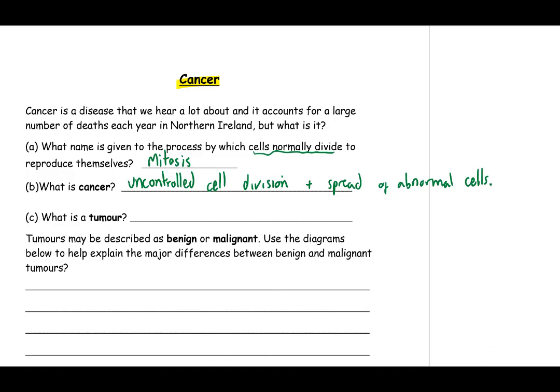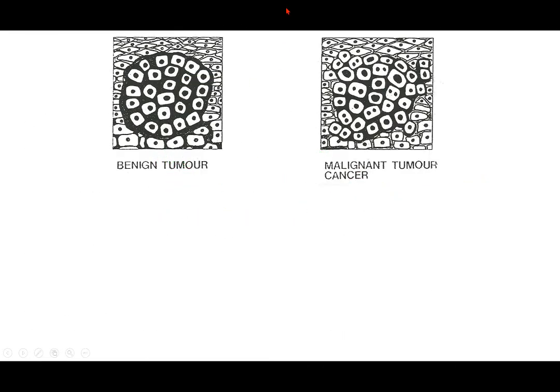A tumour then is a disorganized lump, or sometimes it's called a mass of cells. Now there's two types of tumours that you can have. One is a benign tumour and the other is a malignant tumour. Okay, now the malignant one is the more dangerous one, and it's the one that we consider to be cancerous.